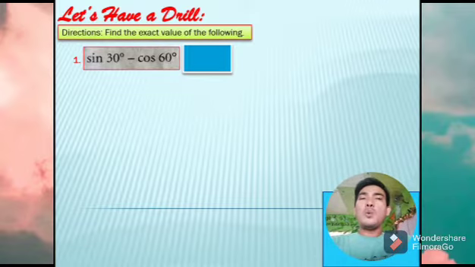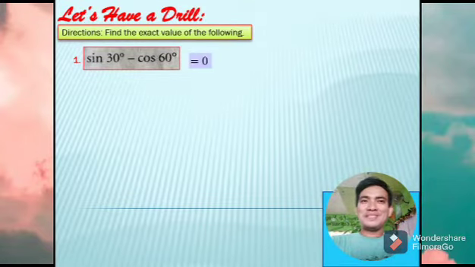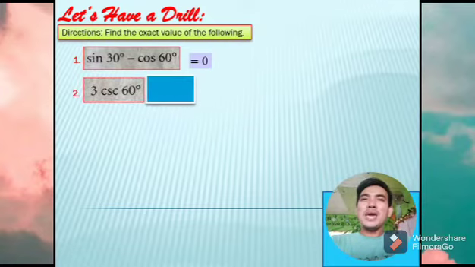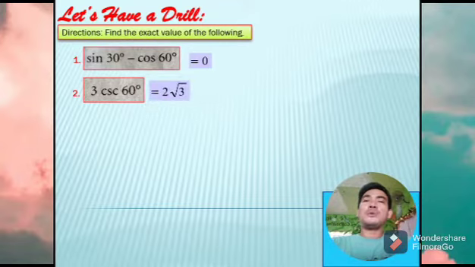So what is 1/2 minus 1/2? That will give you 0. Okay? Next up, we have thrice cosecant 60 degrees. Go back to the table. The table shows that it is 2 square root of 3 over 3. So multiplying it by 3 will definitely give you 2 square root of 3.